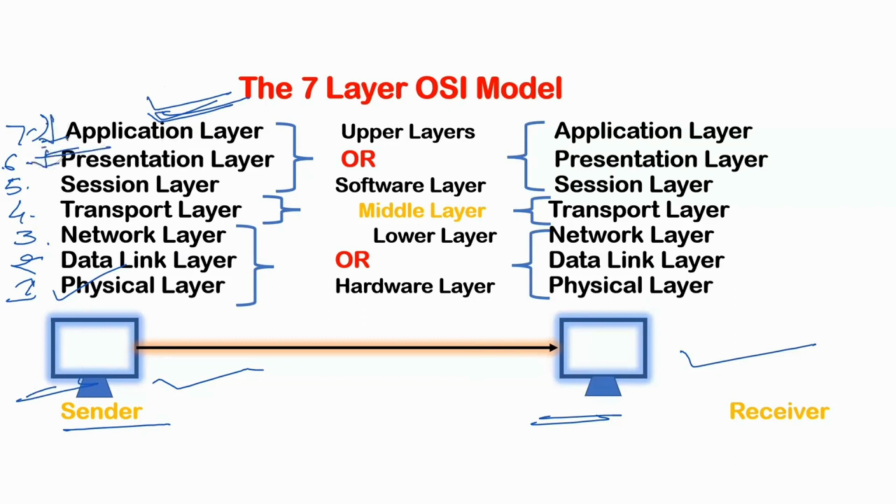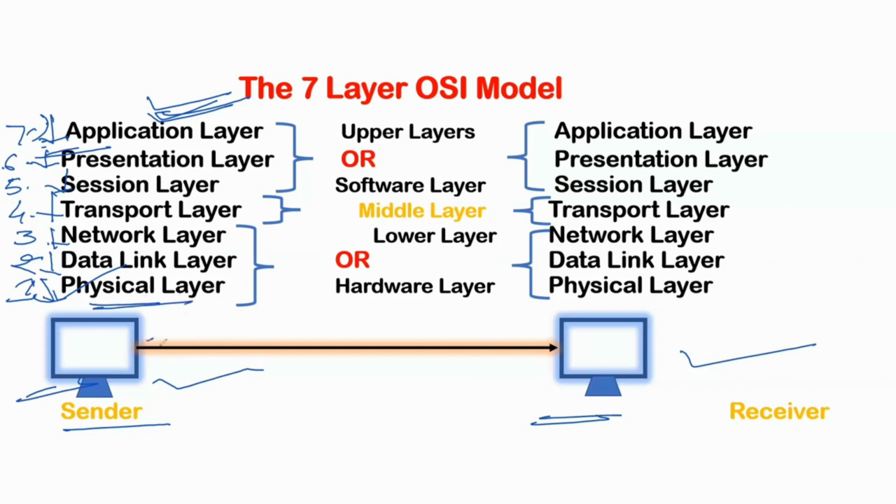and then it is sent to the presentation layer, then to the session layer, then the transport layer, then the network layer, then the data link layer, then the physical layer. On this physical layer, cables and connectors work.